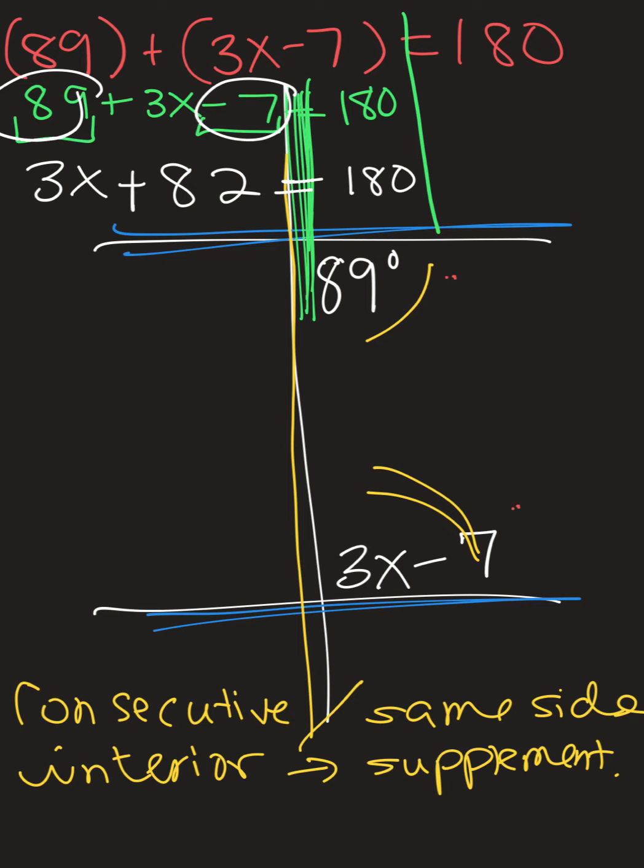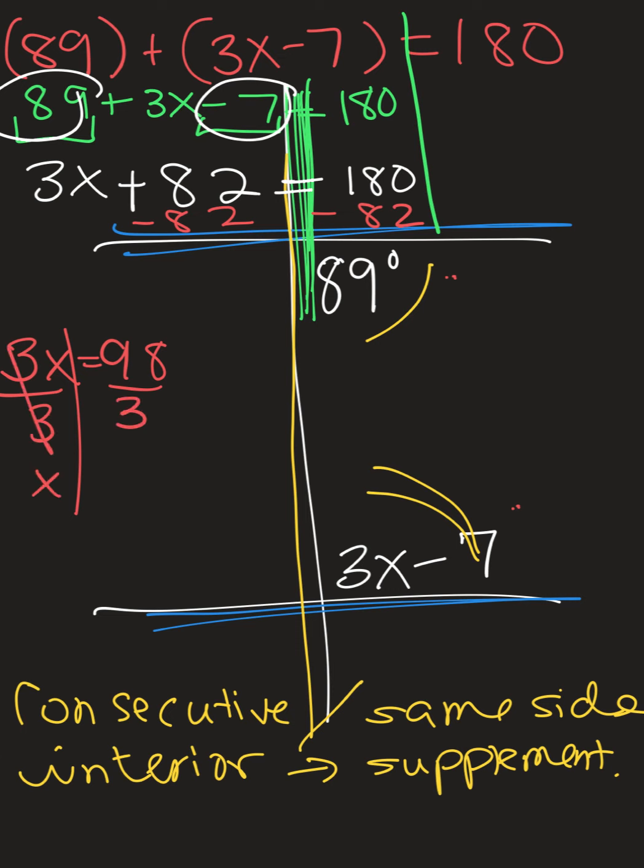Next, I am going to solve my two-step equation. I'm going to subtract 82 from both sides. 180 minus 82 is equal to 98, so that's 3x equals 98. I'm going to move this over here. Now that will not simplify perfectly, but that's okay. I'm going to divide by 3, which gets x alone.